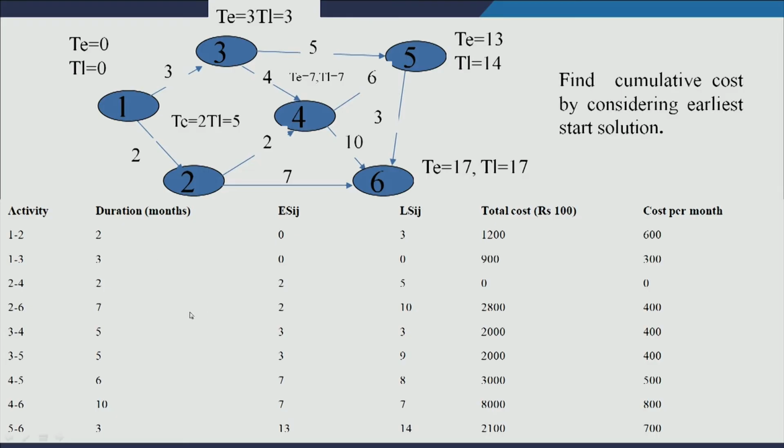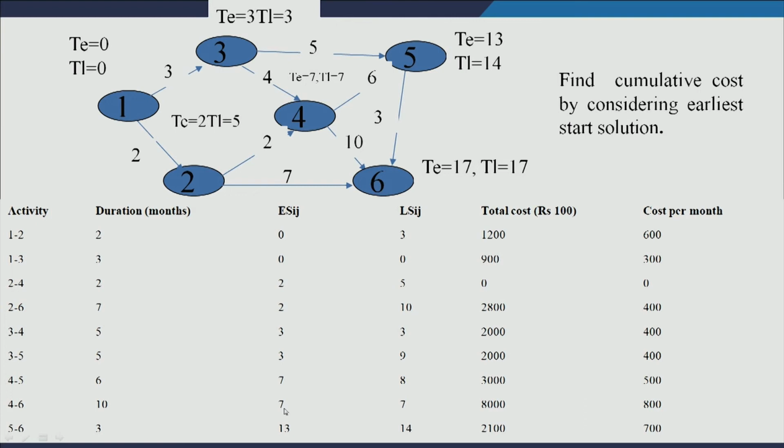Let us look at activity 1 3. Earliest start time of 1 3 is 0. Latest start would be TL here, 3, minus its duration, so 0. Similarly, let us look at activity 4 6. What is the earliest start of 4 6? 4 6 is here, so earliest start is 7.